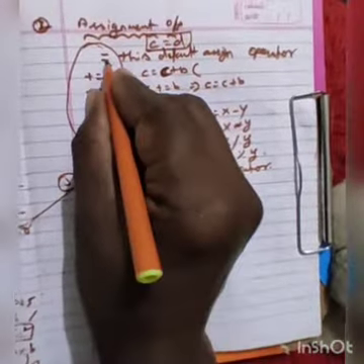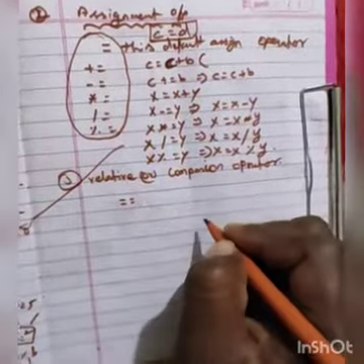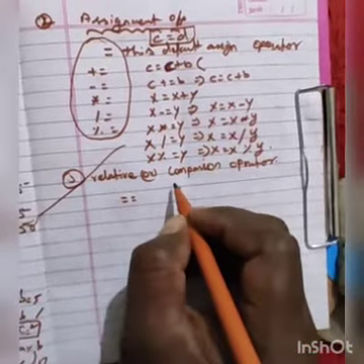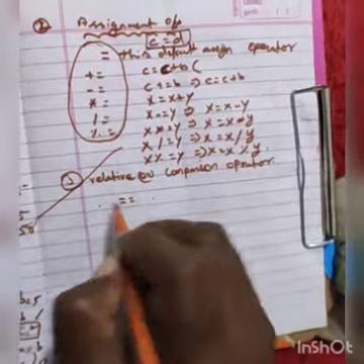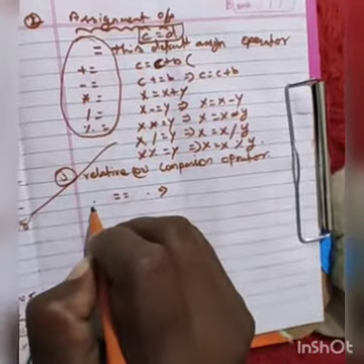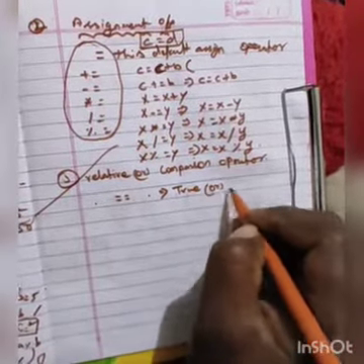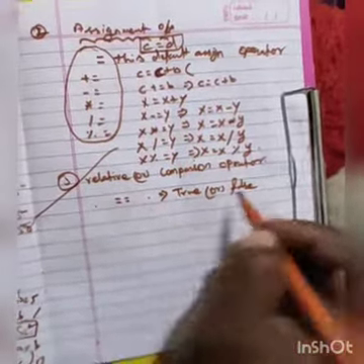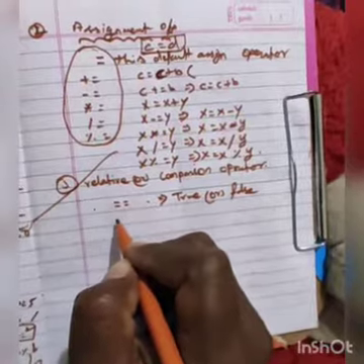Single equal means assignment. Double equal means relative operator. A relative operator compares the left side value with the right side value. If they are the same, true will come. If not equal, false will come. So that is used for relative operators.